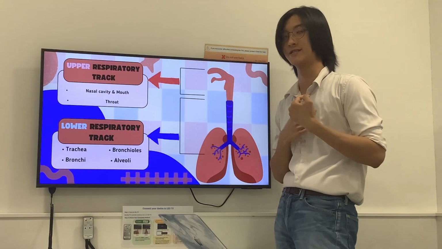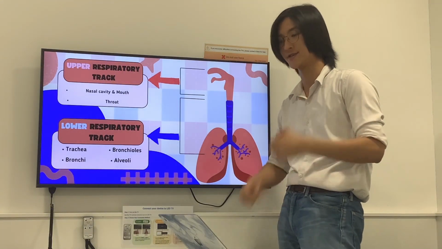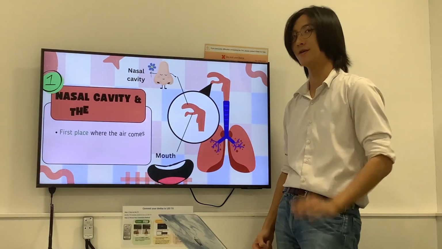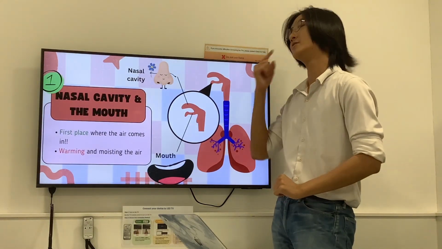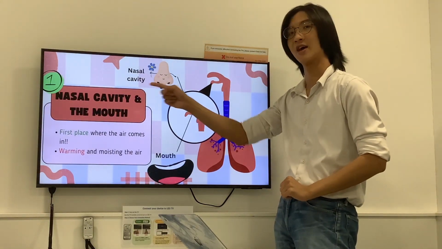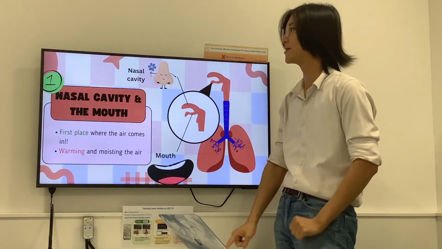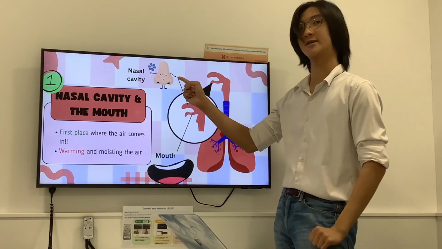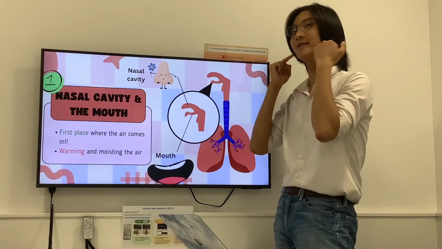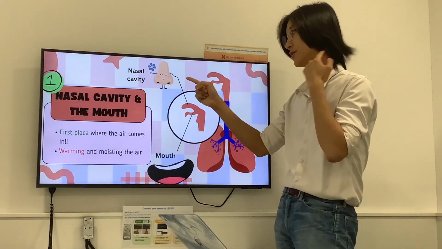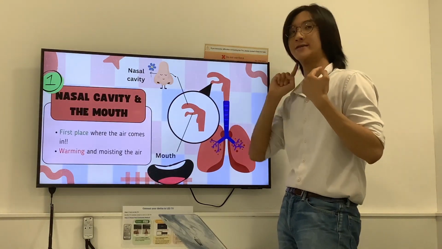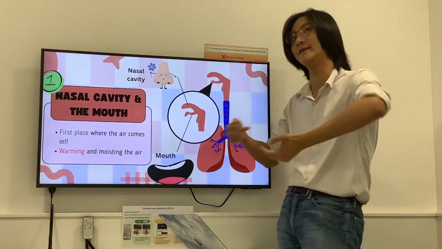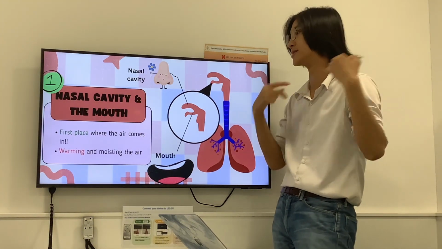That portion is definitely important, so we are now going to deep dive step by step. We're going to introduce the nasal cavity and the mouth first. The nasal cavity, as I mentioned before, is the inner environment of the nose, and the mouth is the place where air comes into our airways.